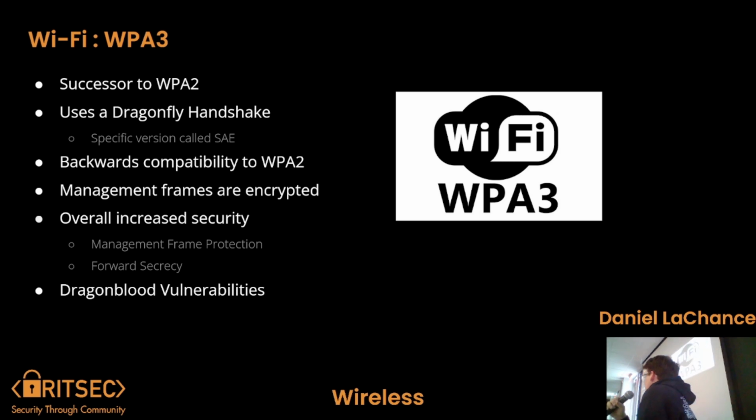But there are also some vulnerabilities that people have found in it, but in order to exploit a lot of those vulnerabilities, you need a lot of compute power, and it's just not really worth it. So we're pretty safe for now with WPA3, and more routers should be using it. And plus, who doesn't love backwards compatibility with WPA2?